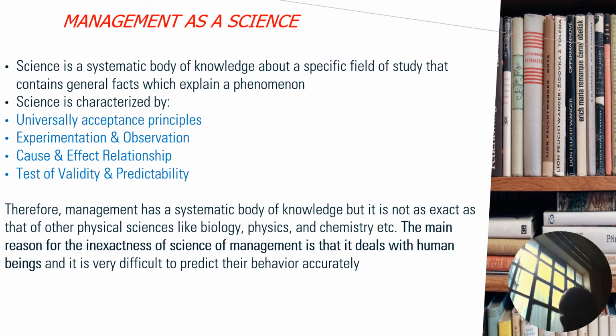The third principle characteristic is the cause and effect relationship. The principles of science lay down the cause and effect relationship between variables. I give an example: when any metallic object is heated, it expands. The cause is heating, which will always result in expansion.